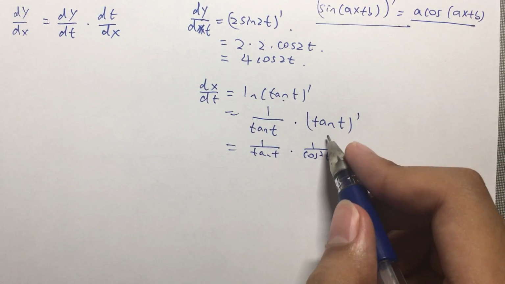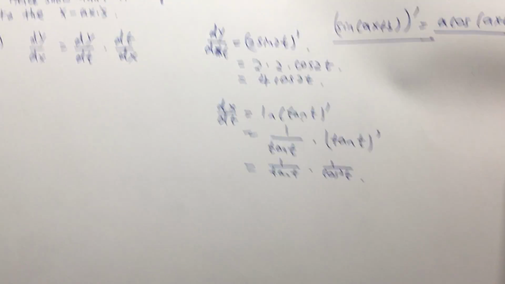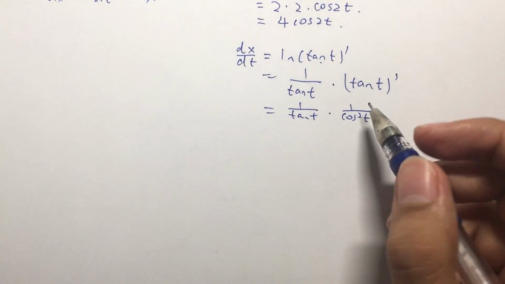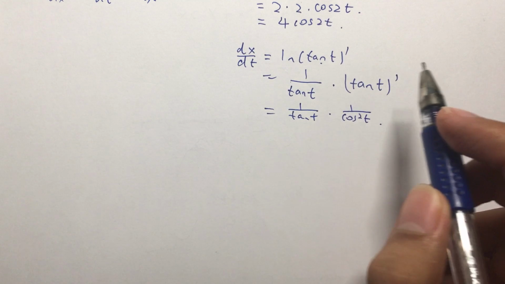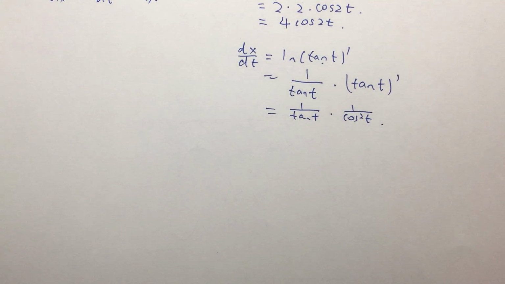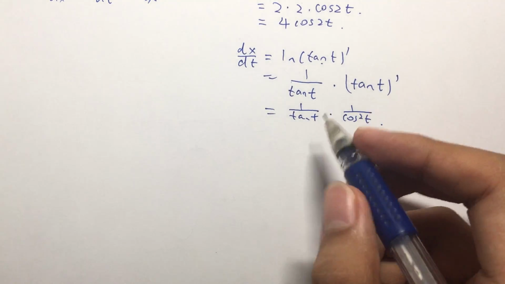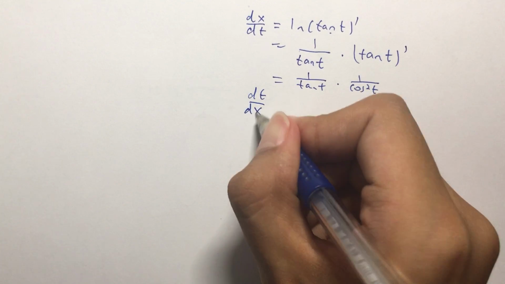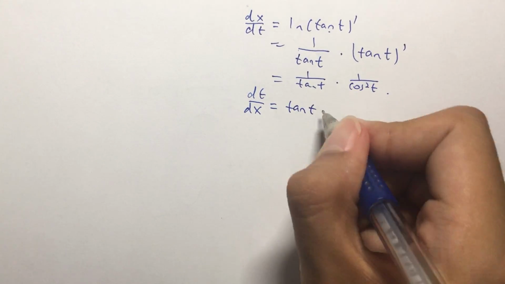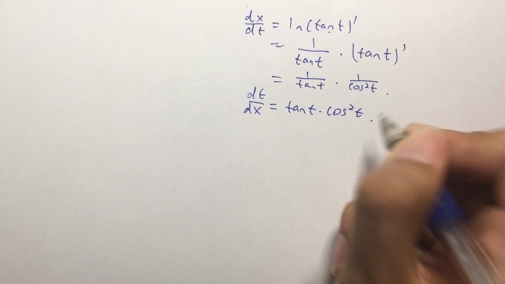So this is also a formula. Before doing this part, you should be quite familiar with all of those trigonometry differentiation and logarithm differentiation. And so we get dt over dx is equal to tangent t times cosine squared t.